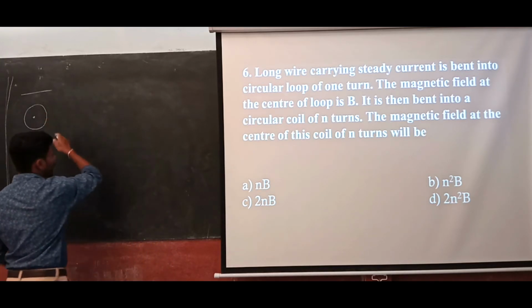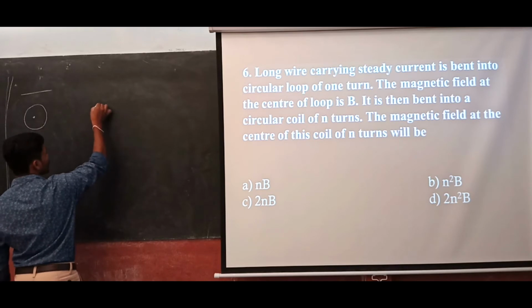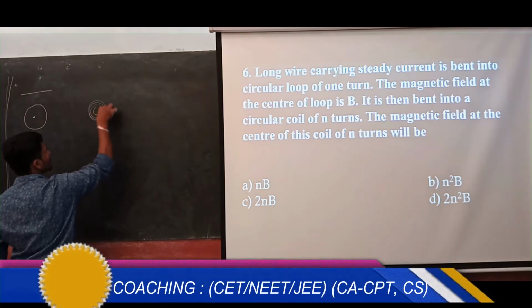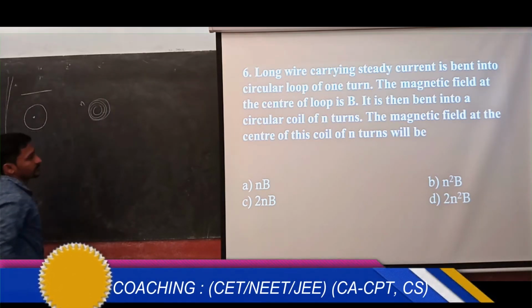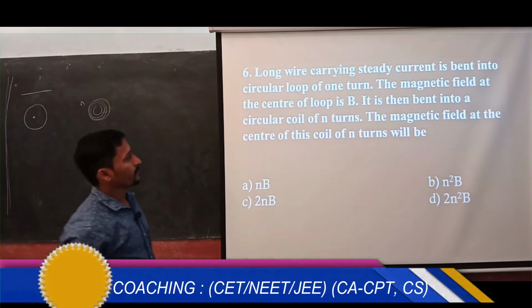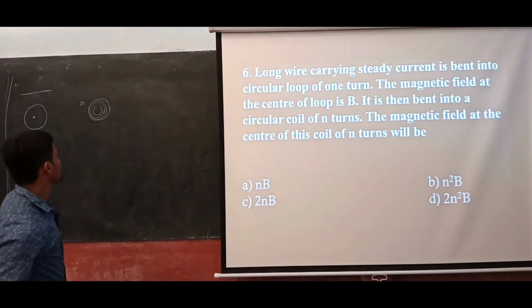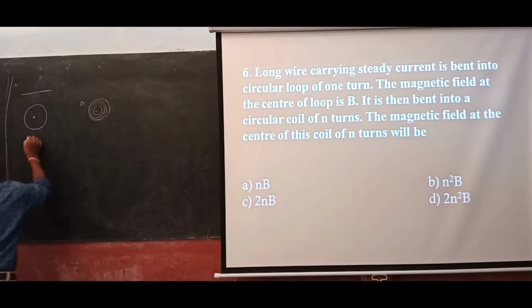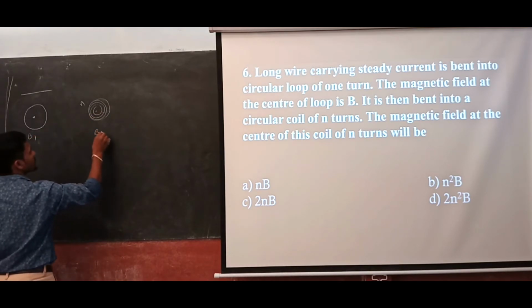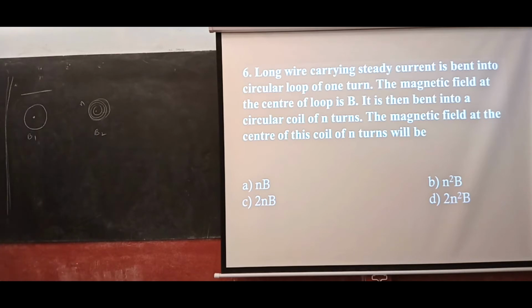Then the same wire I am going to stretch back once again and turn it into N turns. The magnetic field at the center of the coil of N turns will be, say it is B1, say it is B2. What is B1?